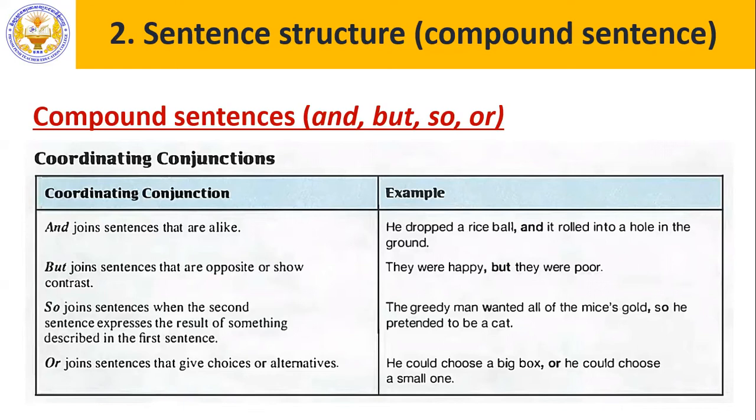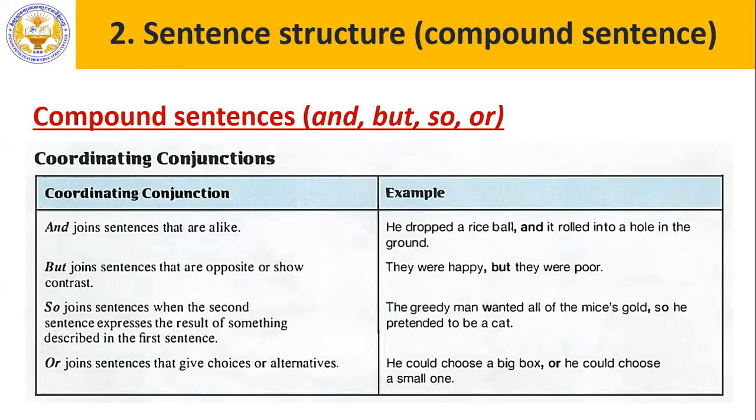Another one, so. We use the coordinating conjunction so to join two sentences where one sentence is the reason and the other sentence is the result. For example, look at the example. The greedy man wanted all of the mice's gold, so he pretended to be a cat.